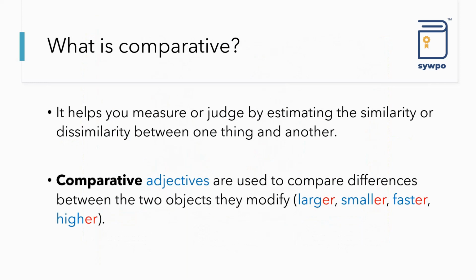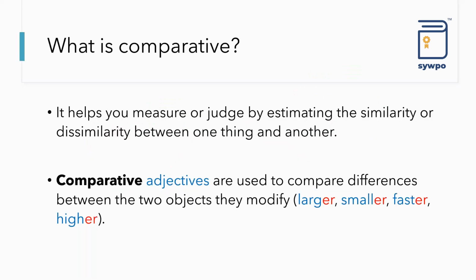So what is comparative? Comparative helps you to measure or judge by estimating similarity or dissimilarity between one thing and another, right? So I told you one thing and another. That means how many things are we comparing? We are comparing one and another, which means two. So one, two.